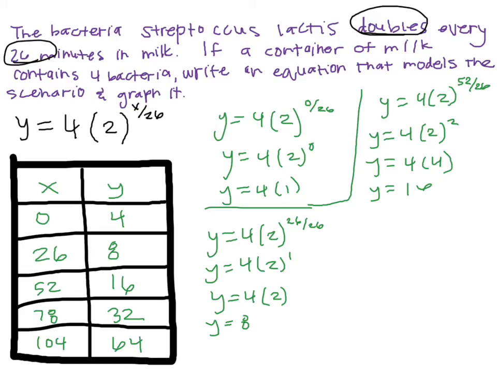So I've created my equation, I have my table, I filled out all the y values. Now it's time to go on and label my x and y axis. So for this one, we have time going on where the bacteria doubles every 26 minutes.